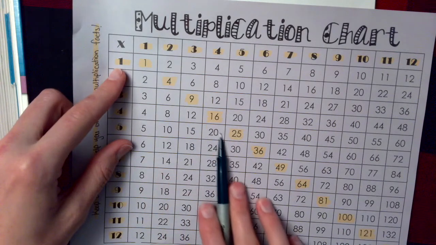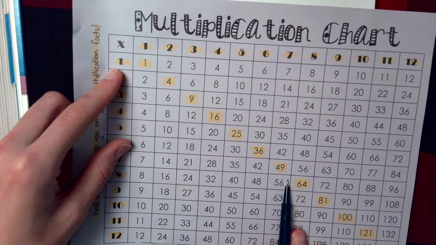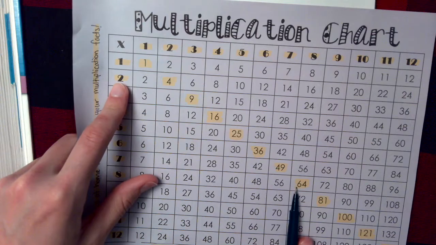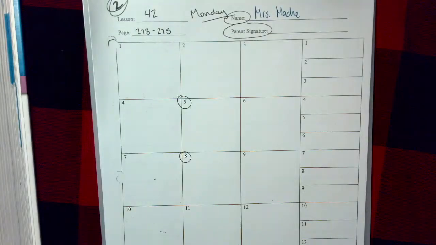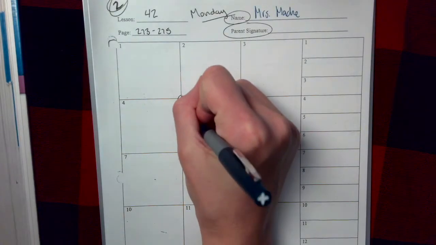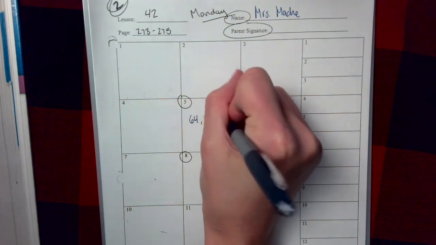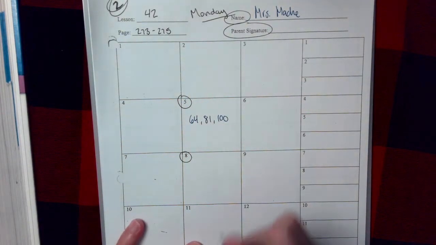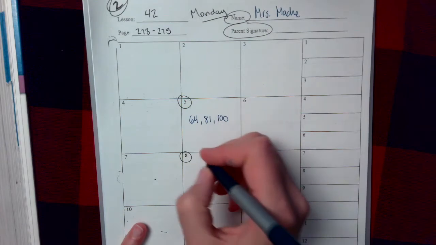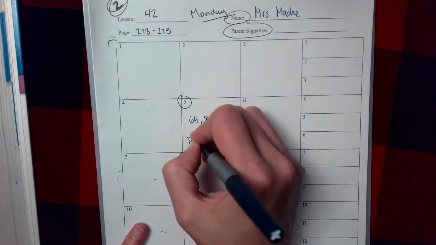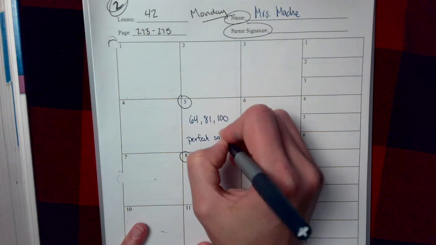So our next 3: 64, 81, 100. And then the rule would be perfect squares.